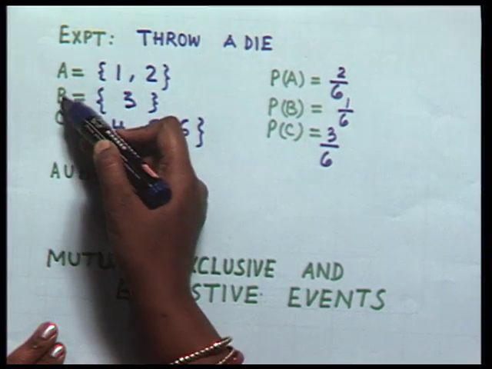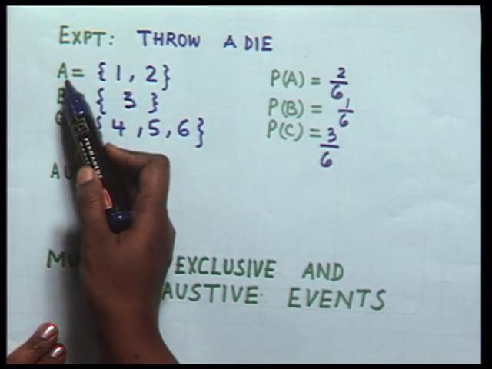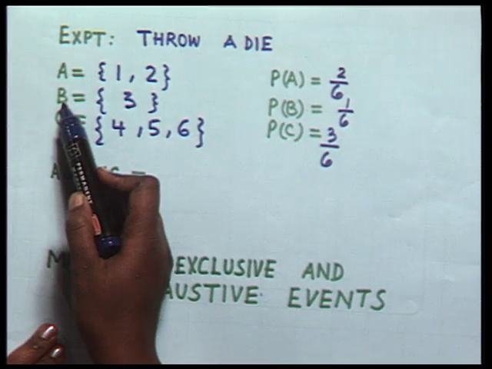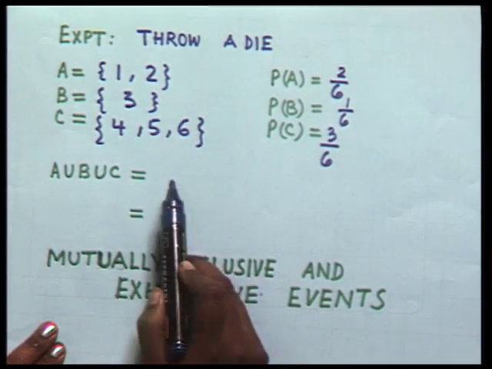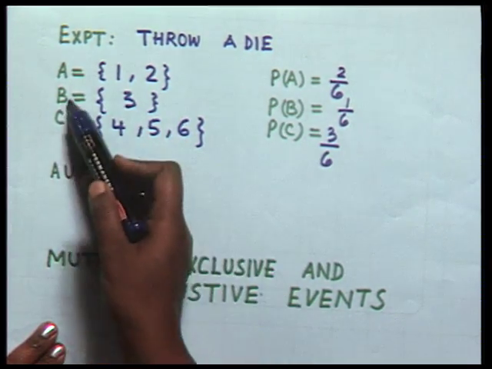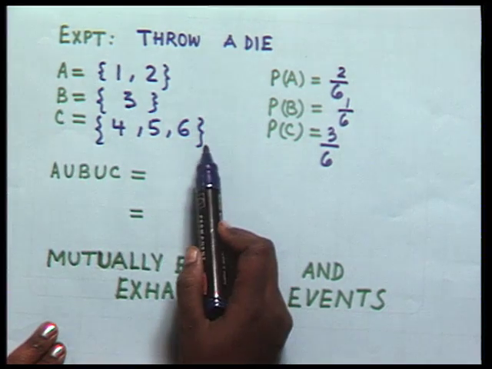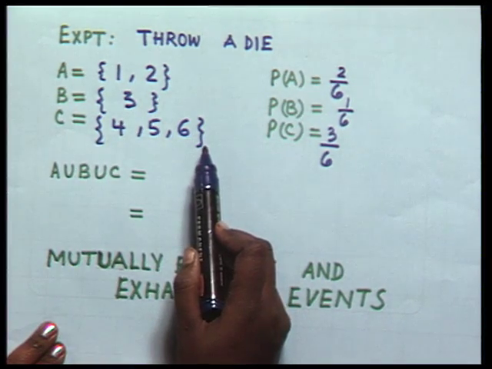Now, taken in pairs, that is, if we take A and B events, they will be mutually exclusive. Similarly, we can take events B and C, they will be mutually exclusive.